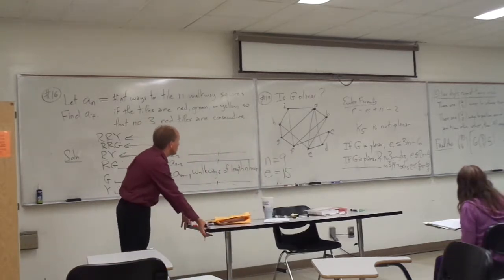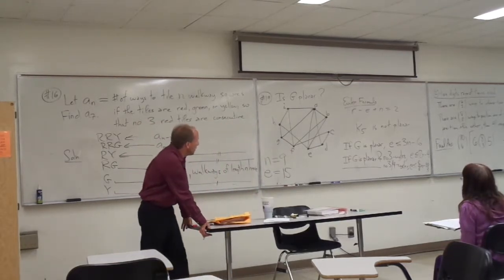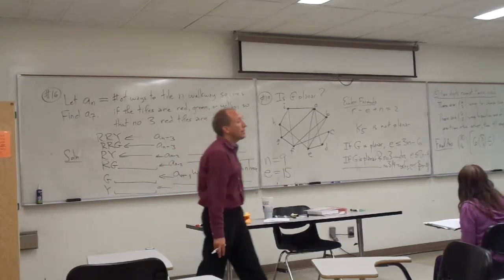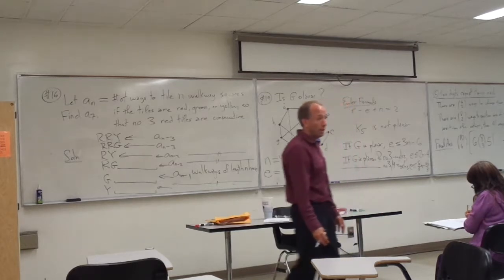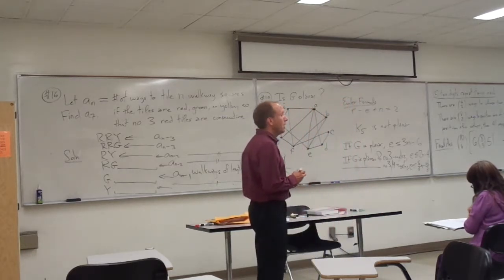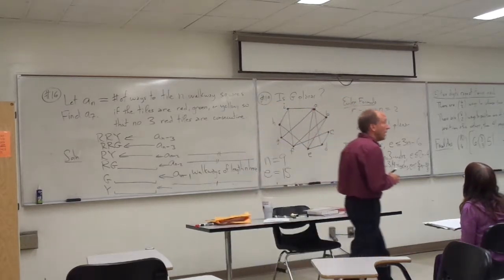Okay, 15 less than or equal to 3 times n minus 6. The 3n minus 6 one doesn't work, because it just gives me 15 less than or equal to 21. Can I use the better inequality?